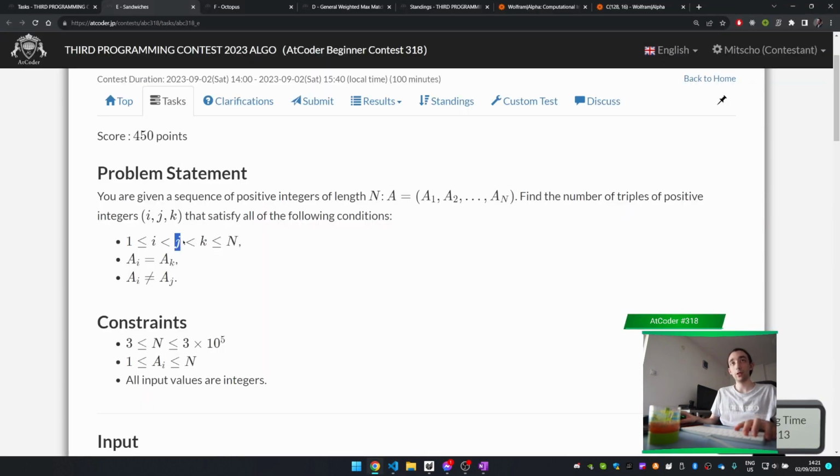Okay, so we fix J, and then we want to say how many are equal on this side and how many are equal on this side, right? How many are equal to this side, and how many are different from J?